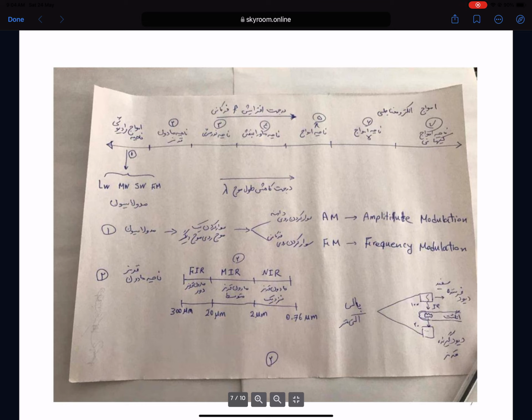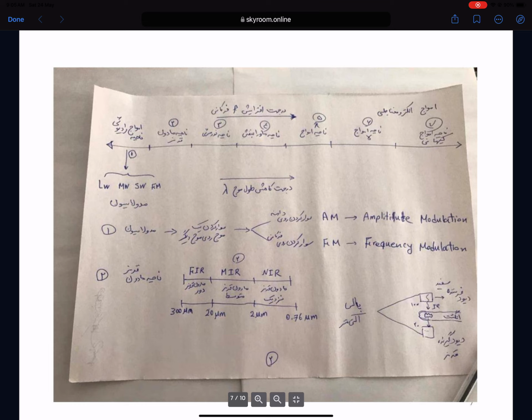So the main reason that you can hear me is that we can put the sound on top of an electromagnetic wave. In medicine, electronics or physics, when you put one wave on another wave, we call it modulation. So modulation means putting one wave on top of another wave.